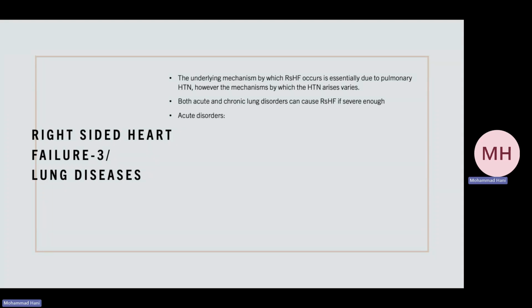In acute disorders, you can get embolism. So pulmonary embolism, what happens is blocking of the arteriole or arterioles if there are multiple thromboemboli. As a physiological response, it leads to vasoconstriction of the blood vessels. Vasoconstriction increases resistance, and increased resistance increases blood pressure.